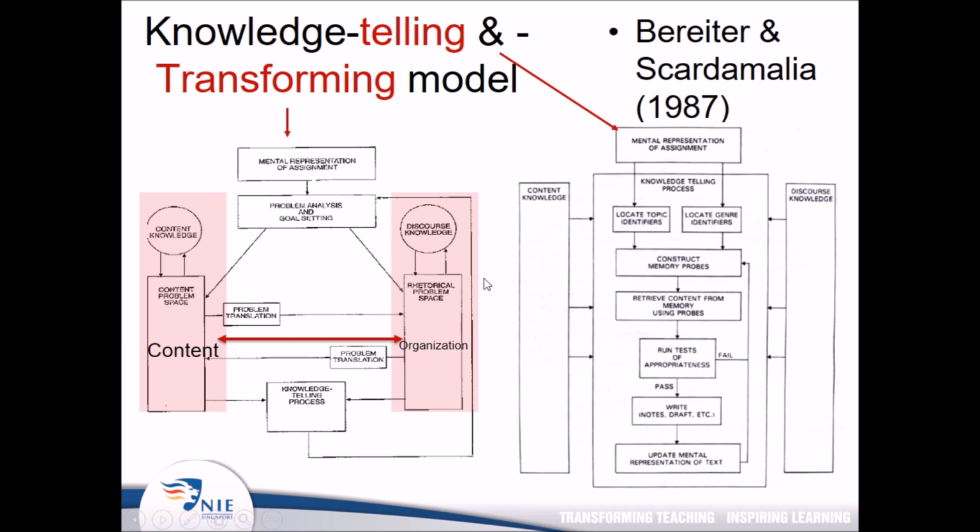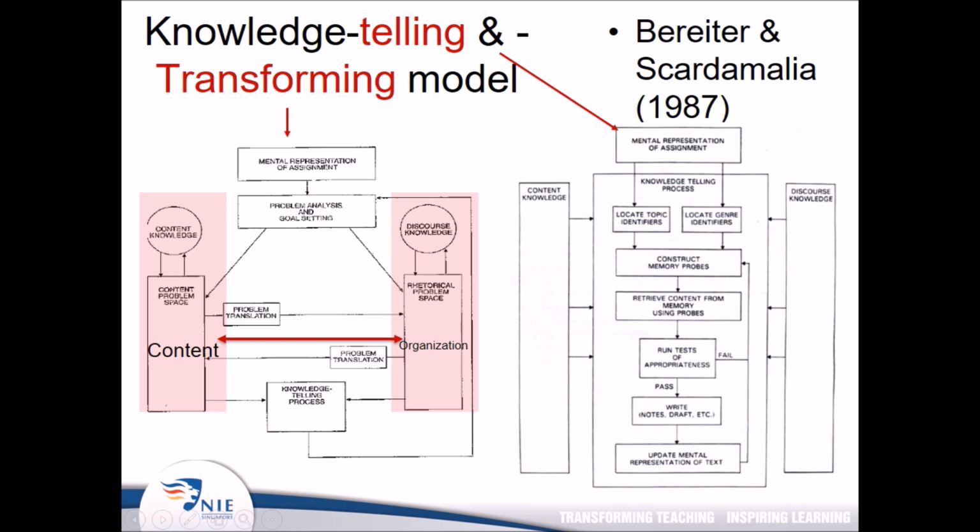Now, here is the knowledge transforming model. In short, a knowledge transforming model is a two-way interaction between continuously developing knowledge and continuously developing text. In other words, as you are producing your text, you are in a sense developing new knowledge, because you are synthesizing pieces of information which are otherwise not related to each other.